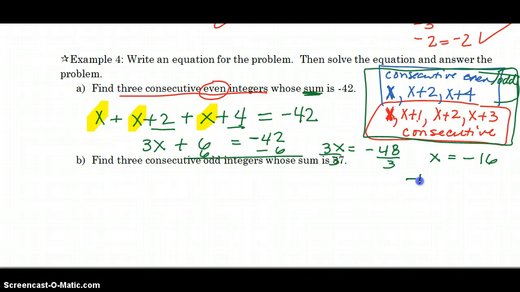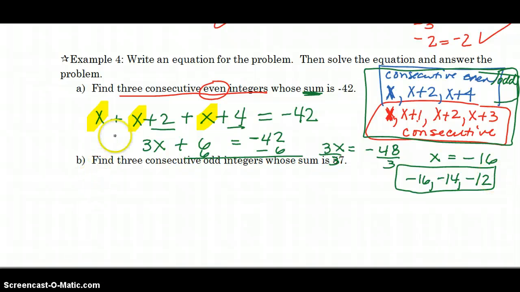If x is negative 16, negative 16 plus 2, be careful, plus 2 makes negative 14. Negative 16 plus 4 makes negative 12. So there are 3 consecutive even integers. And so we're going up the number line, not down the number line, because we're adding 2 and adding 4.